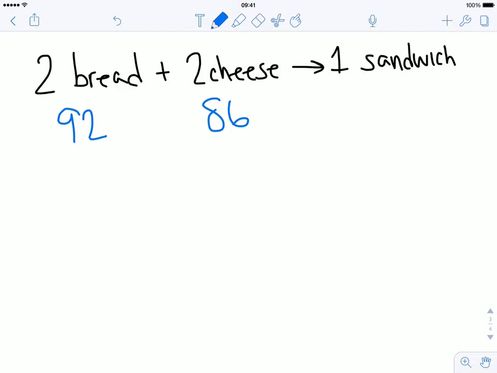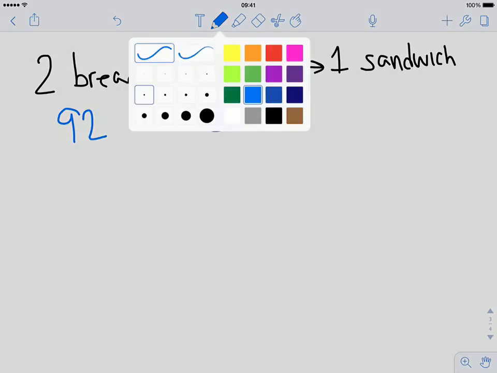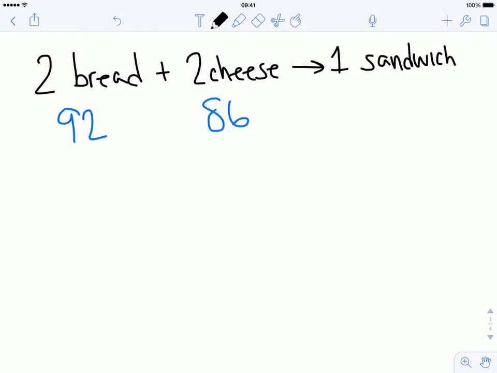So we can use dimensional analysis to answer this question. If I have 92 pieces of bread, how many sandwiches will that make? We can answer that question by using the molar ratio of bread and sandwiches.